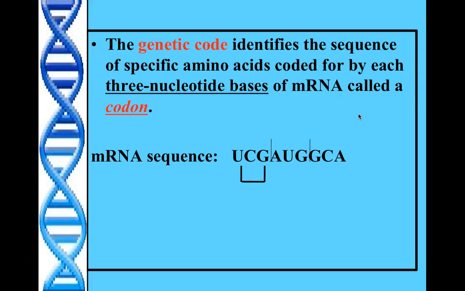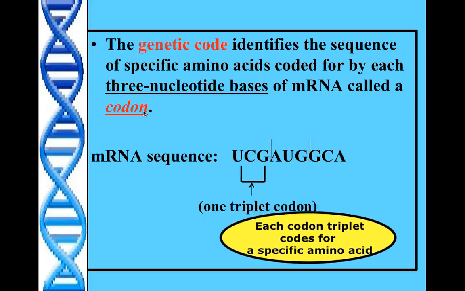So every single word, I'm going to put that in quotes, is called a codon. I'd like to refer to the genetic code as the sentence and the codon as the word. And each triplet, so they're always in groups of 3, that's what a codon is. Starting from the very beginning of the sequence, every triplet set of letters is going to be considered a codon.